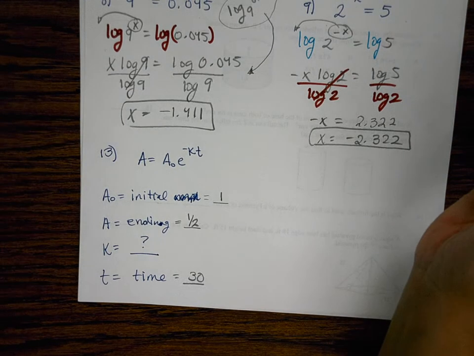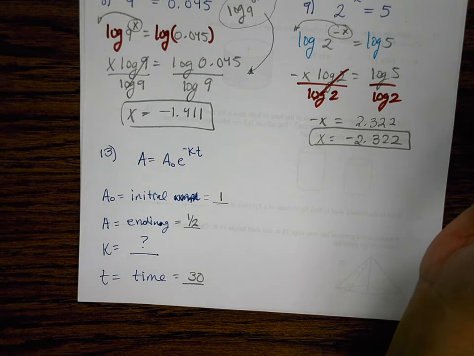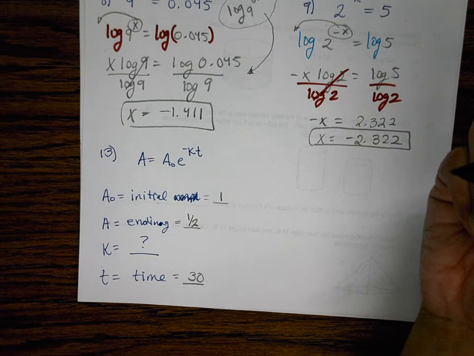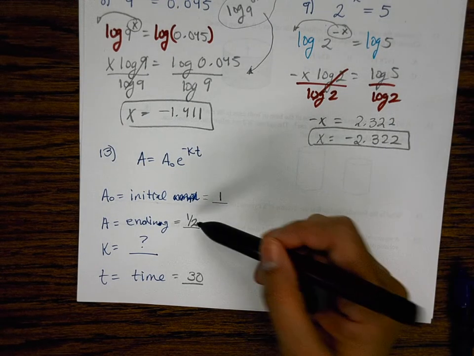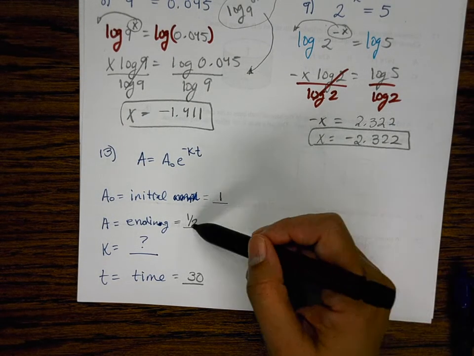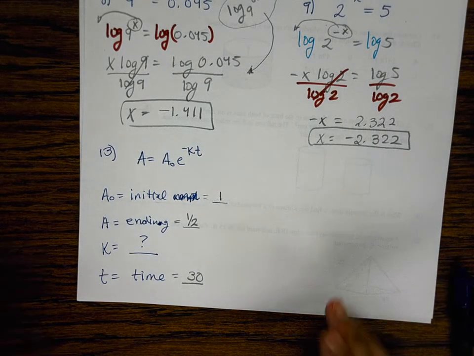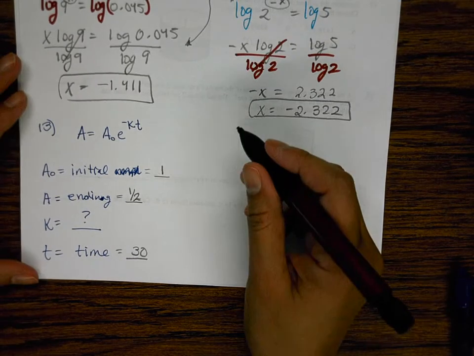Now, if it said this is the amount of time it takes to double or triple the amount, then you would put 1 and 2, or 1 and 3. Quadruple, 1 and 4. Half, 1 and a half. It just depends on the problem. Okay, so I'm going to plug it in.